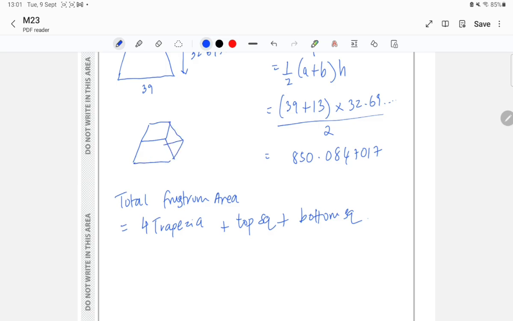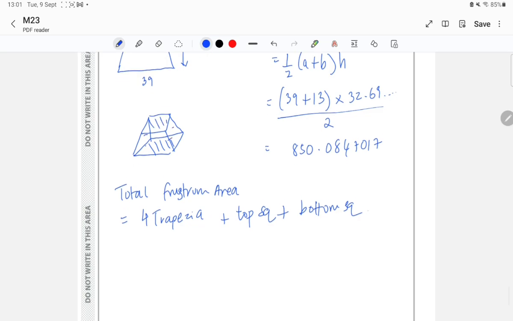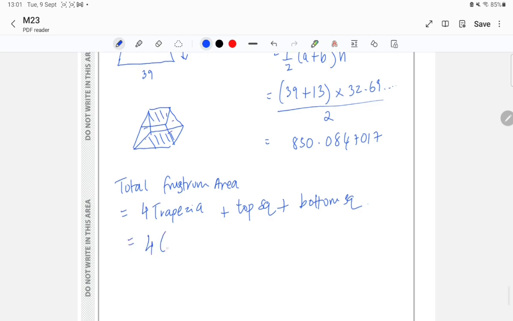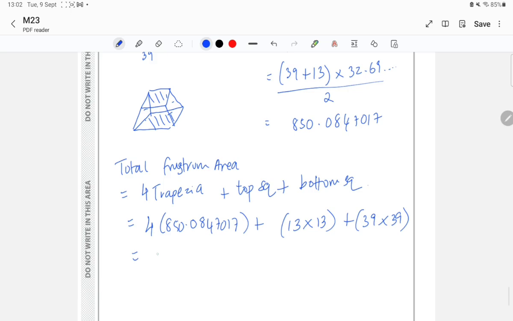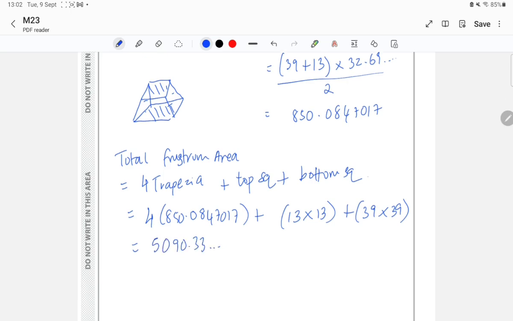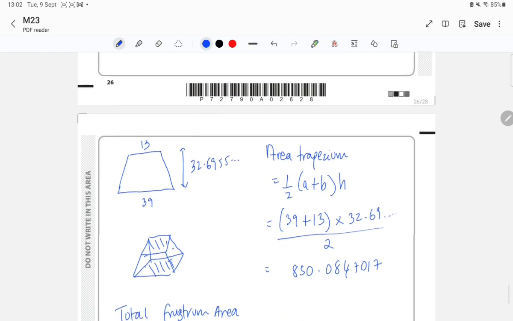This is the bottom square, this is the top square, and I have also 4 trapeziums over here. So 4 times 850.0847017, plus the top square, which was 13 times 13, plus the bottom square, which is 39 multiplied by 39. This will give me 5090.33 and so on.